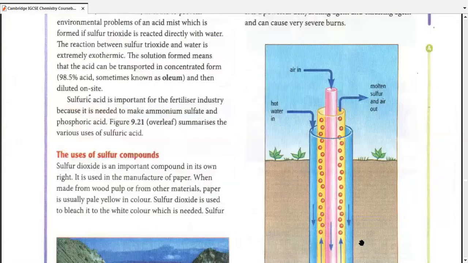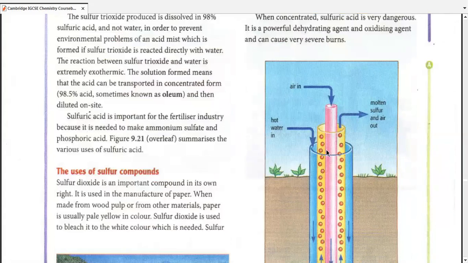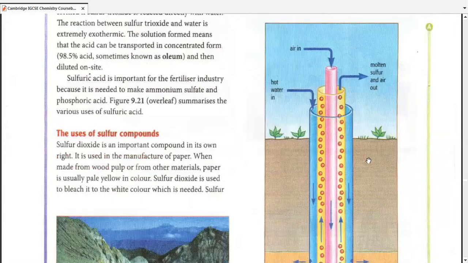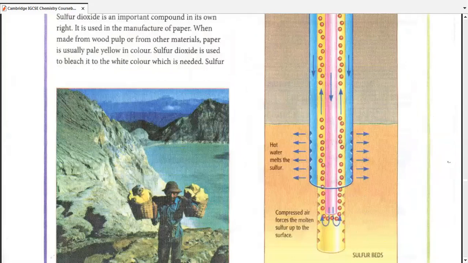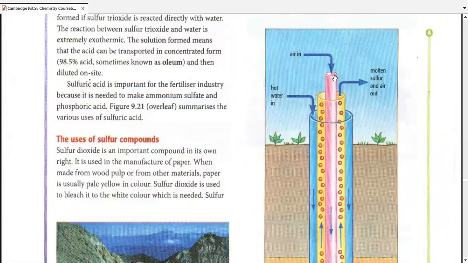Okay. The intermediate pipe is actually of yellow color, and it takes out molten sulfur and air. So the question arises, where does the air come in from? The innermost pipe, or the pink pipe, is the pipe from which we send compressed air.